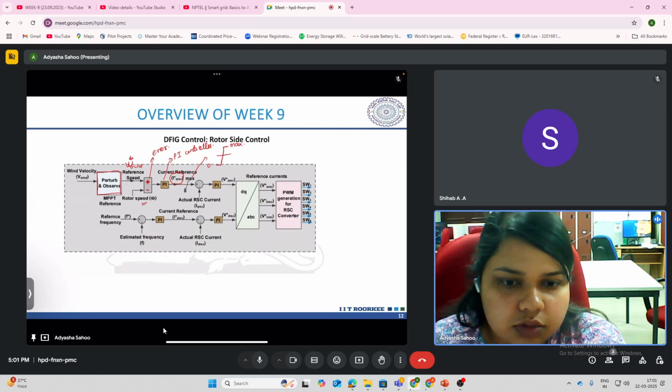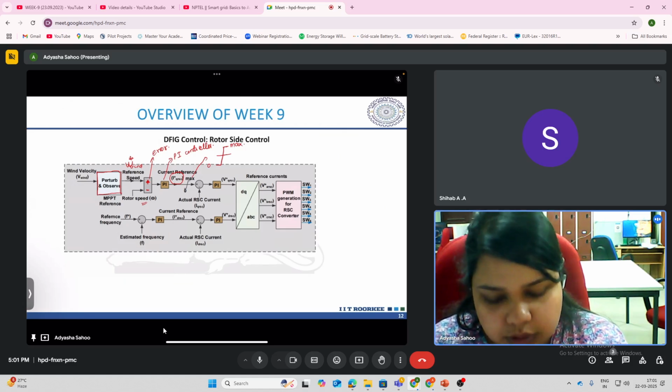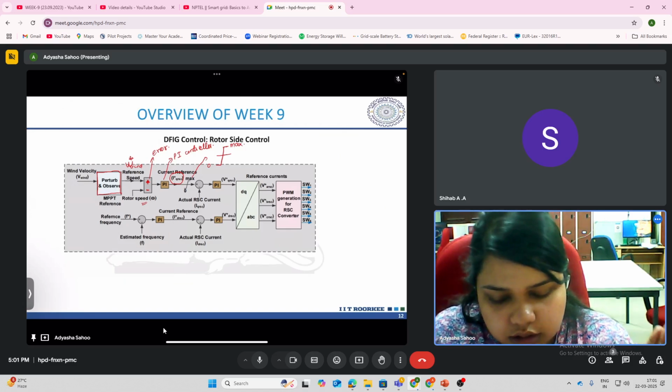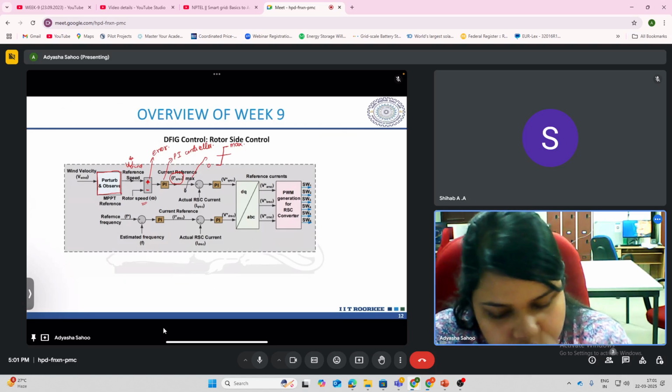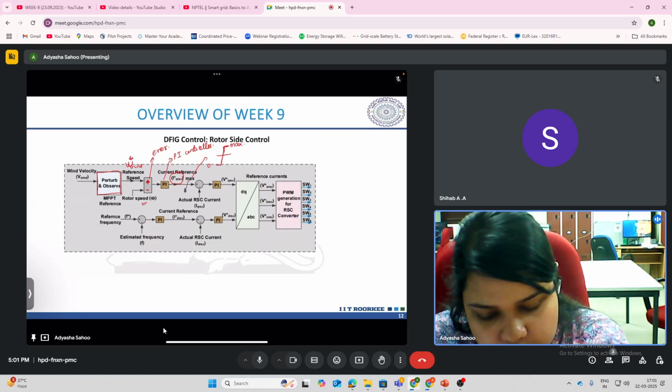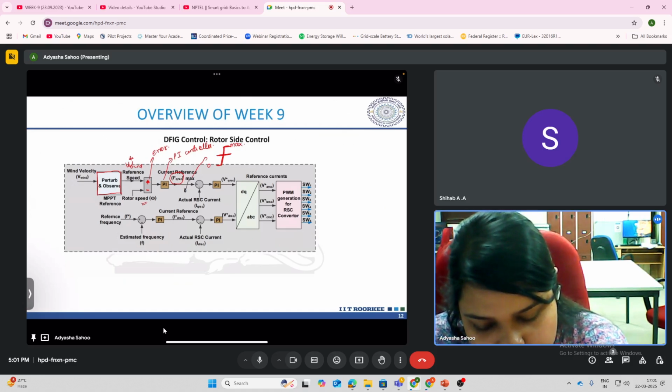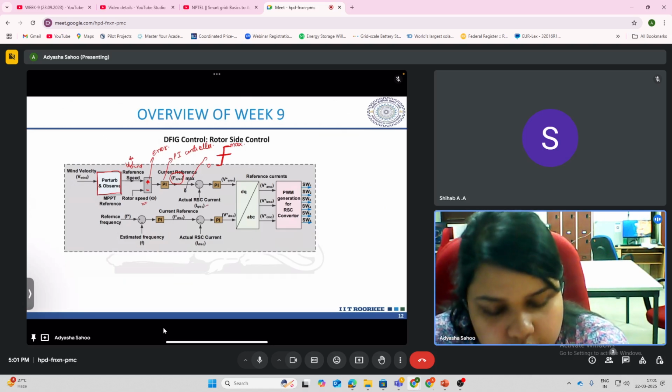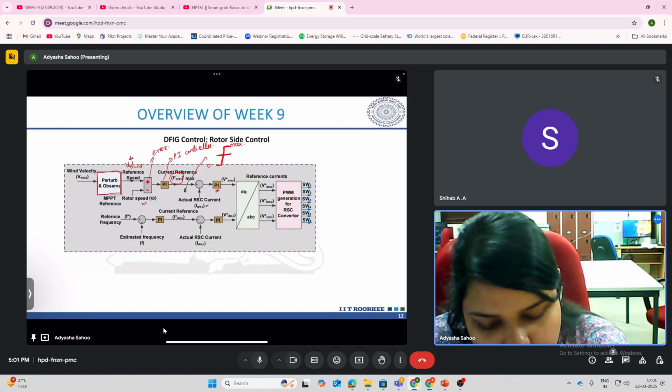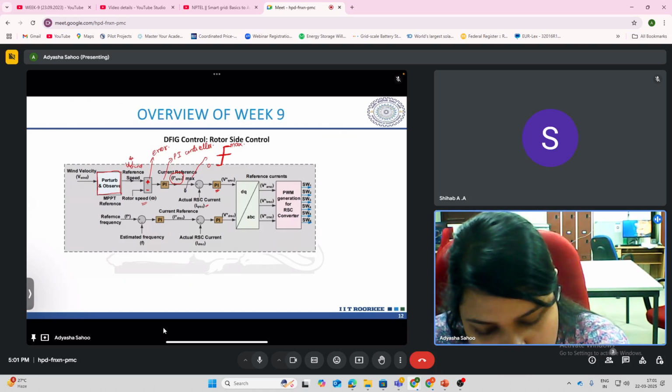It may happen that IQ star is greater than the maximum allowable rating of the controller, so we limit it, keeping IQ star in the range of 0 to the maximum allowable rating. Then this reference IQ star is compared with the actual rotor side current, and again we minimize this error in the PI controller and calculate the reference voltage for the Q axis, V star Q.